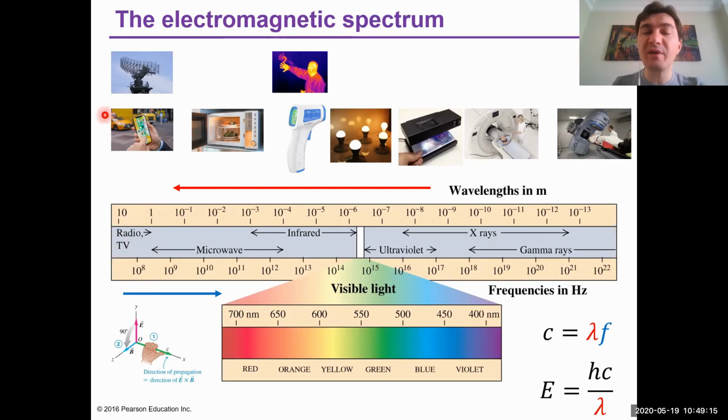And all communication, mobile phones, communications via satellites, we use this range of the electromagnetic spectrum between microwaves and radio waves. So within microwave range, we have microwave oven. So we use microwaves to heat the food. And there are also many other applications in microwaves, but I'm just showing this one.